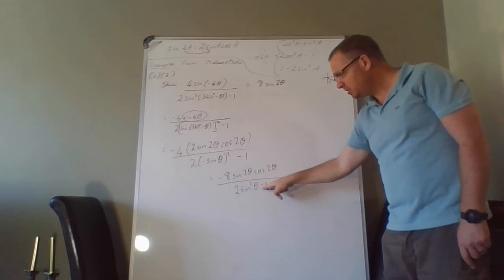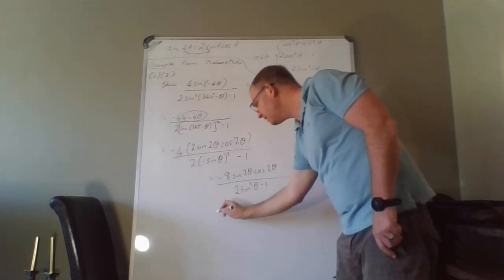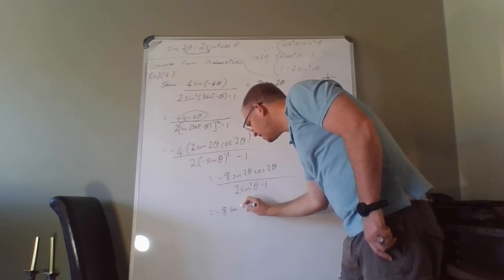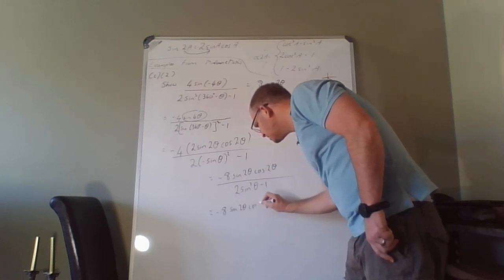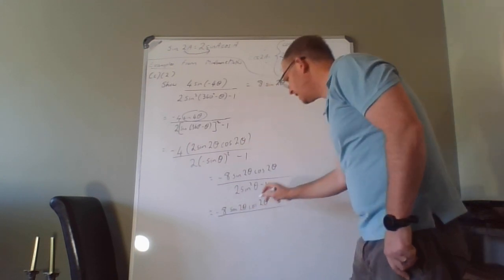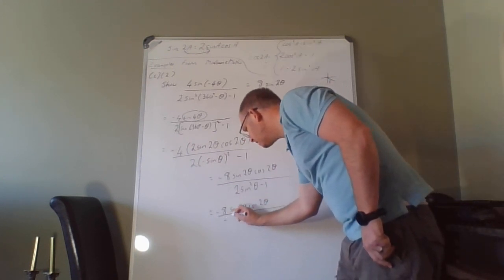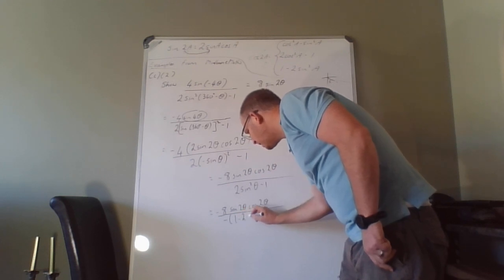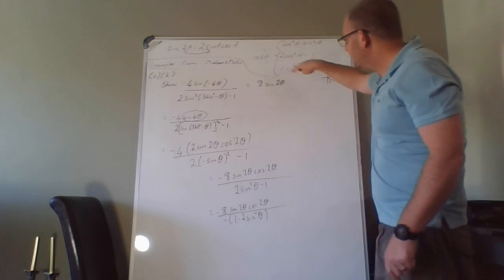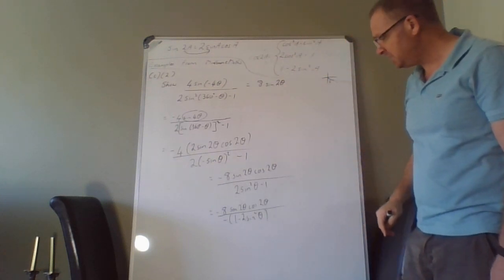So what can I do to change the signs? Well, I can take out a negative. So I'll get negative 8 sine 2 theta cos 2 theta. And I'll take out a negative 1 from here, which will leave me with 1 minus 2 sine squared theta. You see how I'm constantly trying to get things into the pattern that's on the formula sheet.